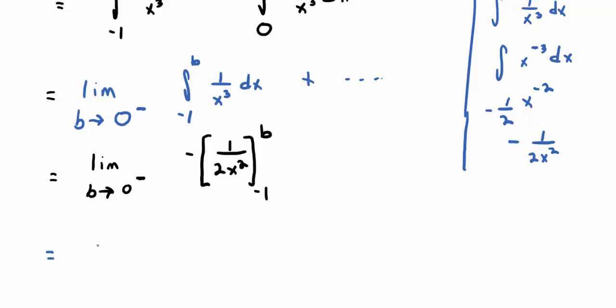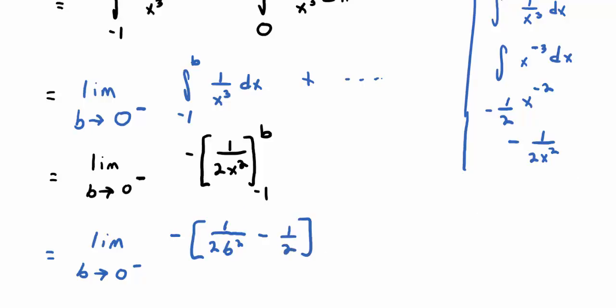Okay, and then the limit as b goes to 0 from the left, negative, apply the fundamental theorem. What do we get inside the evaluation brackets? Oh, wait, it's b. The upper limit's b, right? We haven't evaluated the limit yet. So the upper limit's b, so 1 over 2b squared minus just 1 over 2, because the negative will square out when you plug it in. Everybody believe that?